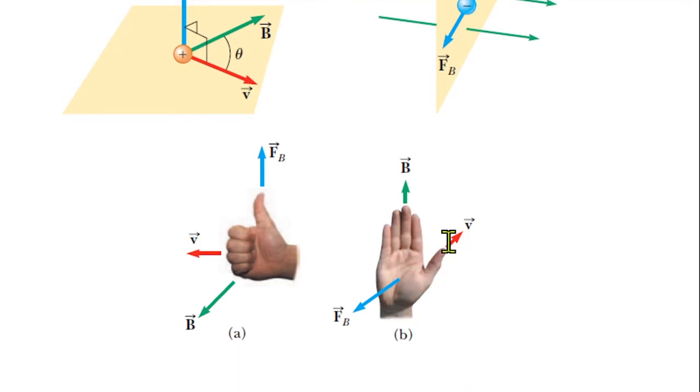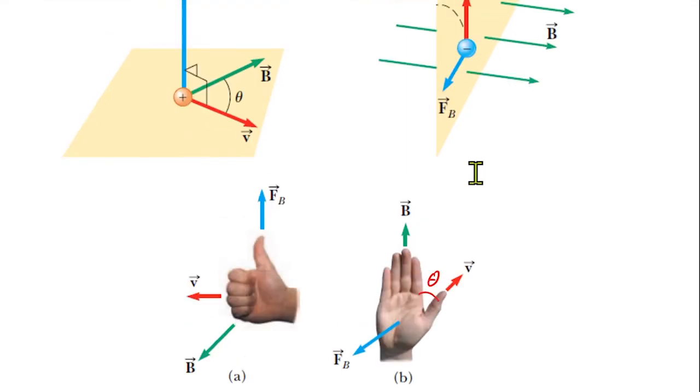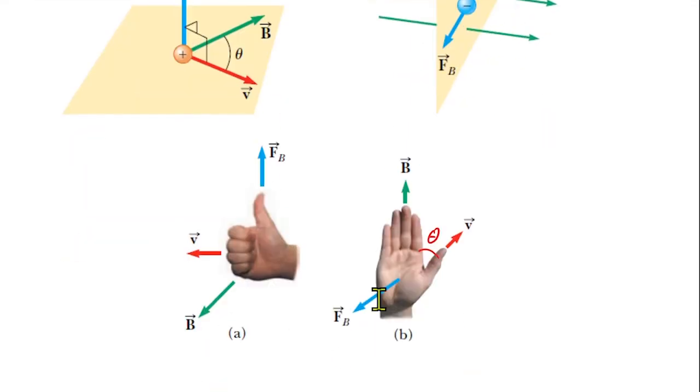Your thumb is your velocity, and notice that the angle is not necessarily 90 degrees, but this is more useful. And then the magnetic field is your fingers, many lines like this. And the direction of your palm is your force, kind of like in Star Wars when you force push somebody, your palm force. You get it?